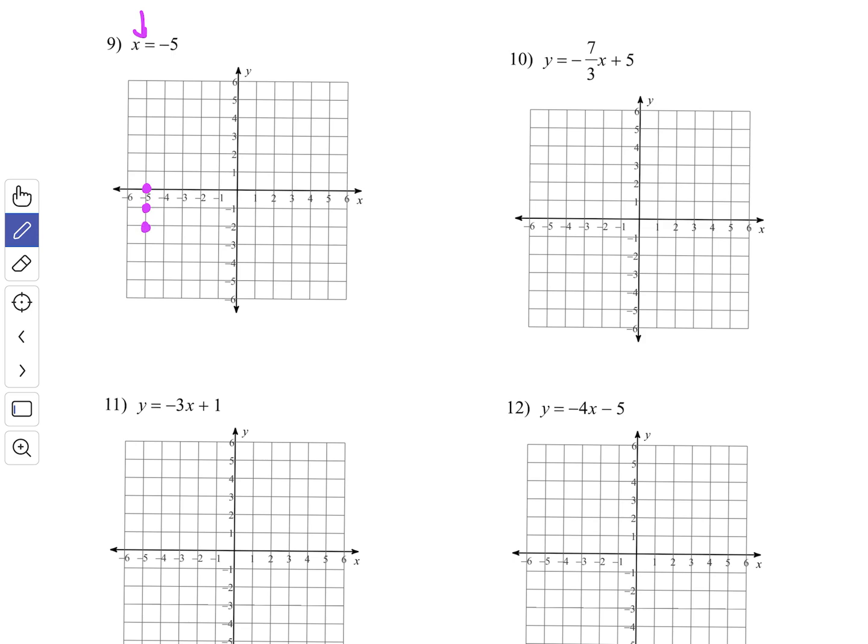If it were negative 2, it would still be negative 5. If it were positive 1, it'd be negative 5. 2, negative 5. Do you see what we're doing here? Basically, we're just drawing a vertical line here because at all these places where x equals negative 5, y could be anything, but x is definitely going to be a negative 5. So when we see just an x with no y, then it's a vertical line.